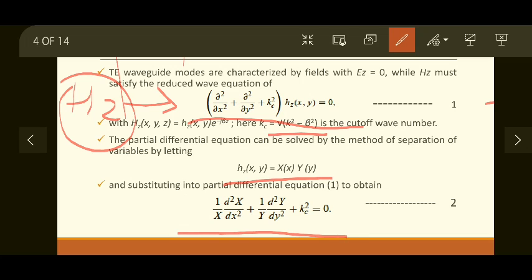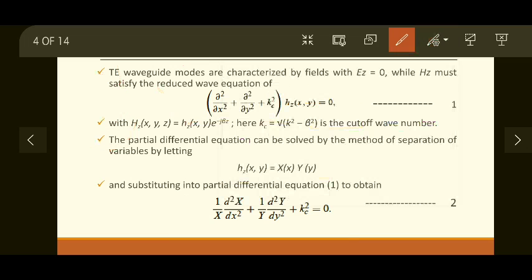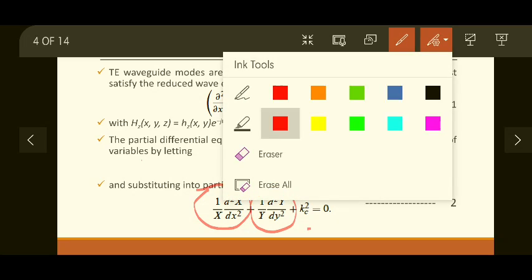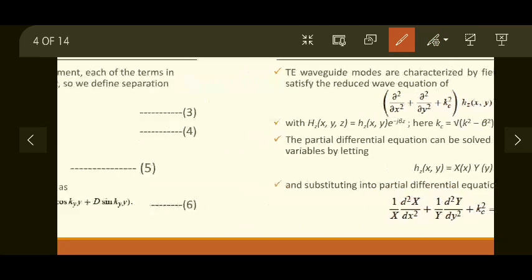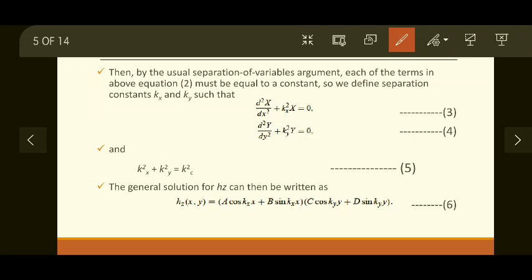So this is substituting this one into this one. Now here you can see the x component is separate, the y component is separate, and the constant is separate. So let's see how it turns out. By the usual method, each term must be equal to some constant.